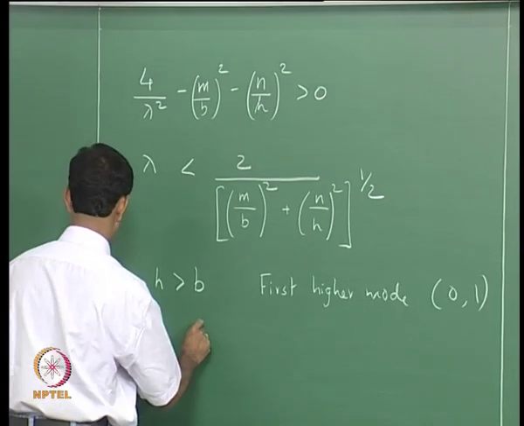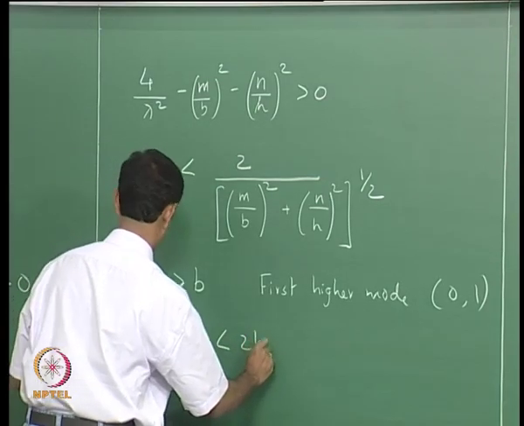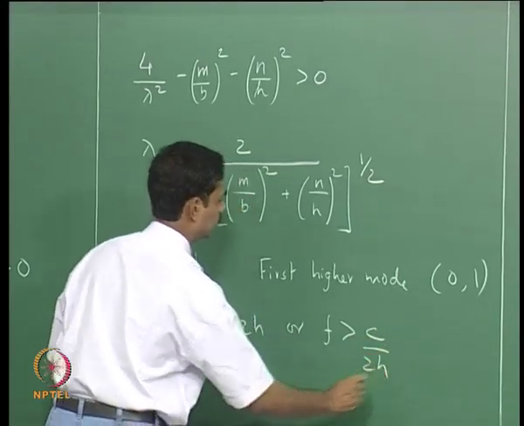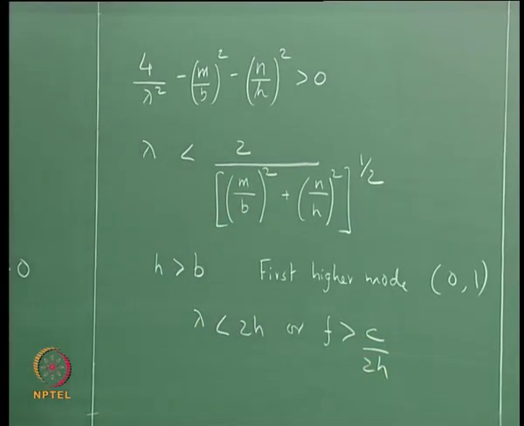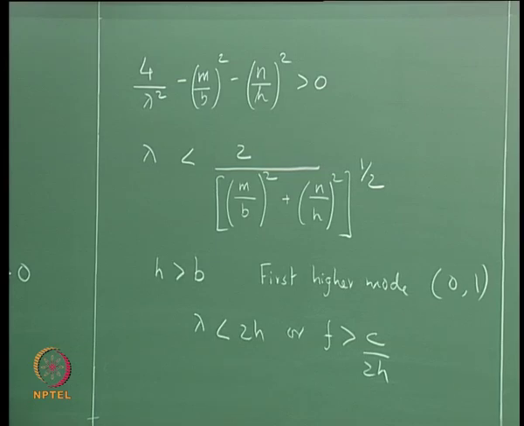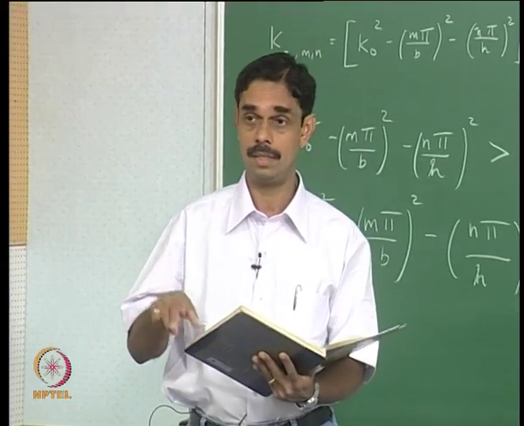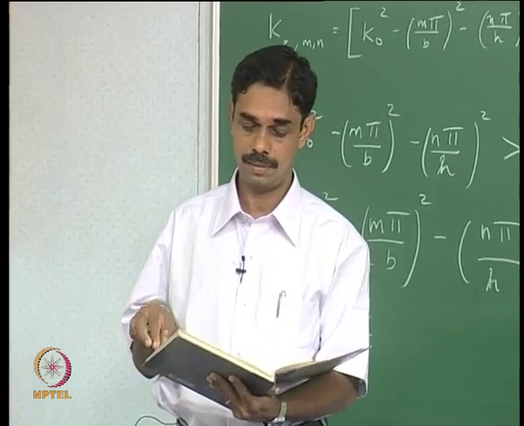So you should get lambda less than 2h, or f greater than c by 2h. If you do not satisfy this relation, you will not be able to set up these higher modes in the duct. Those modes will be very local and the amplitude will decay exponentially.